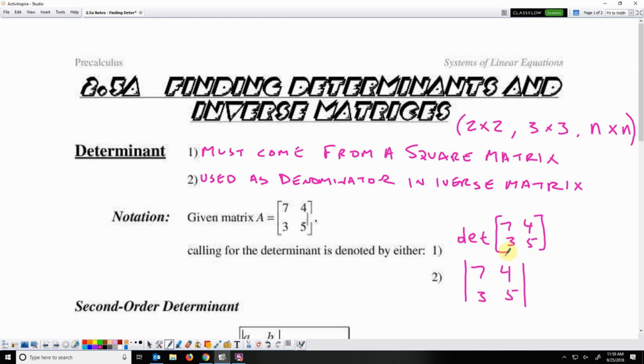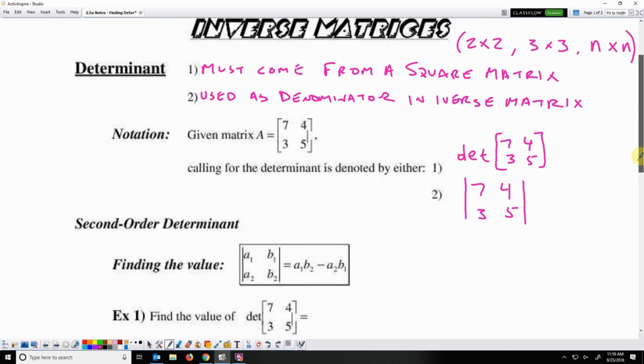Notice the difference, there are these vertical brackets and we don't have the little horizontal part. So either saying DET for determinant and then the matrix, or just giving these vertical brackets without the horizontal parts also says find the determinant of that matrix.